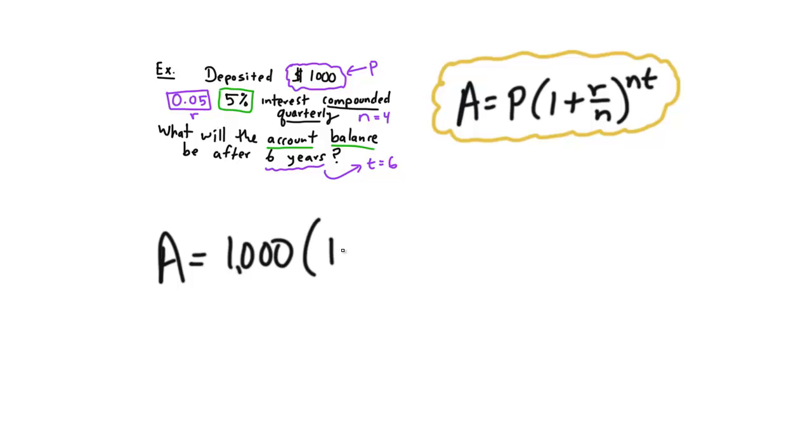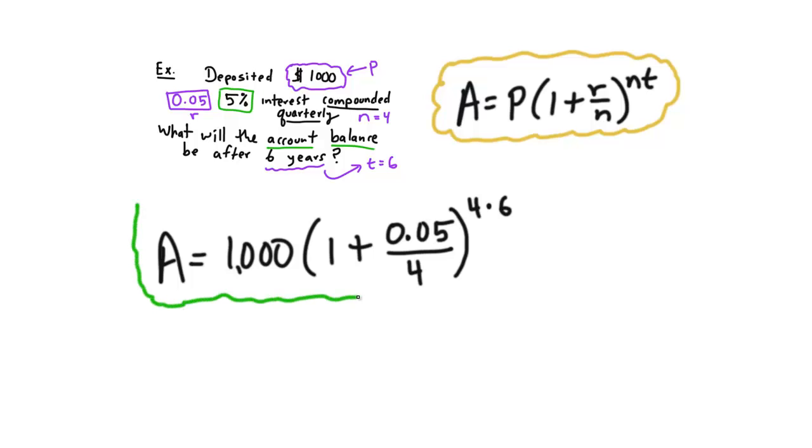And it's 1 plus the interest rate, in this case it's 0.05, and that goes there, over or divided by the N. N we determined to be 4, so let's plug that in there, and it's raised to the 4 times T, and T happens to be 6, so let's plug that in there, and now we have it.